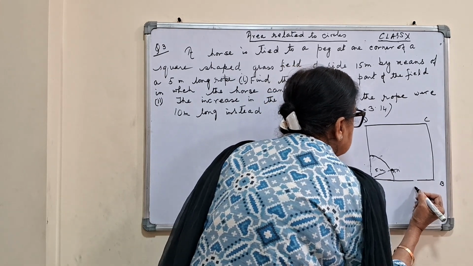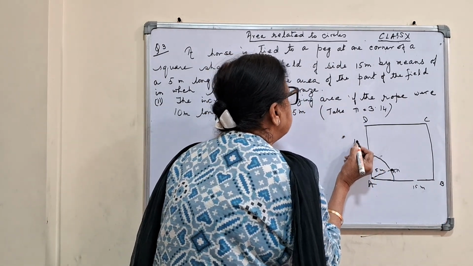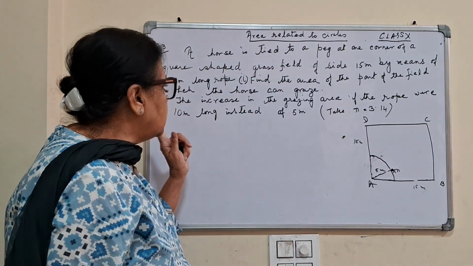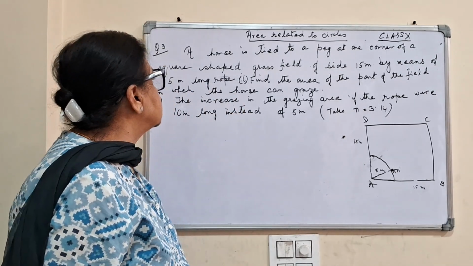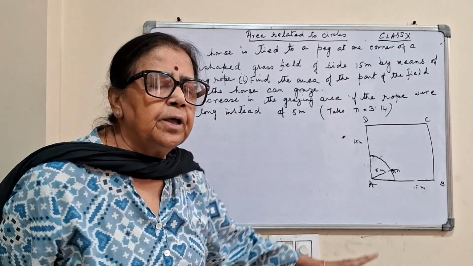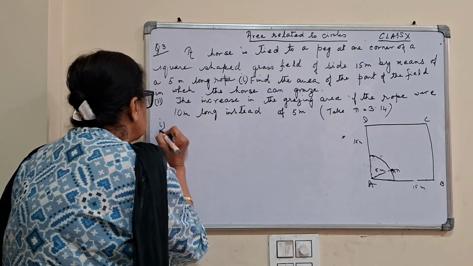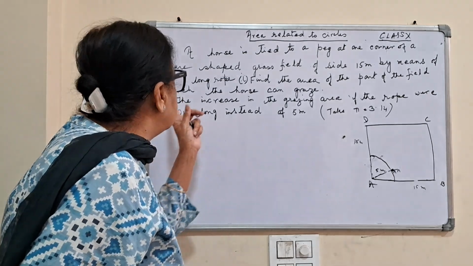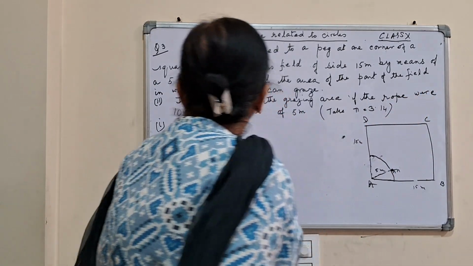Now, we have to find out the increase in the area which the horse can graze. The second part is when the increase in the grazing area, if the rope were 10 meter long.